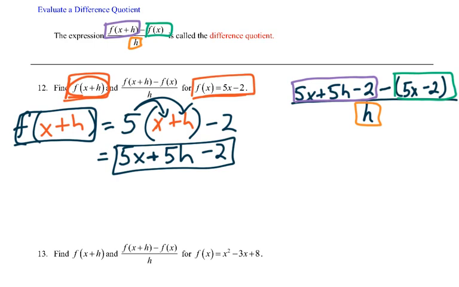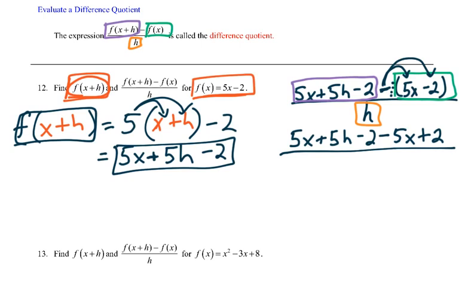I can distribute the negation here to both terms in the numerator. So I end up having 5x plus 5h minus 2 minus 5x plus 2, because negative times positive 5x equals minus 5x, and minus times negative 2, or you can think of this as a minus 1, ghost 1. I'm going to draw a little dotted 1 there. Negative 1 times negative 2 is a positive 2, and then all over h still.